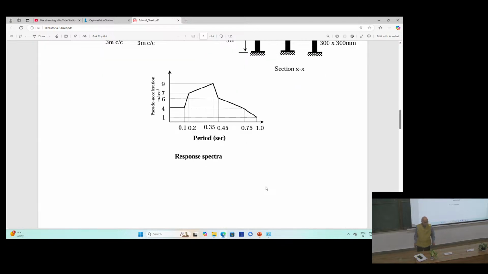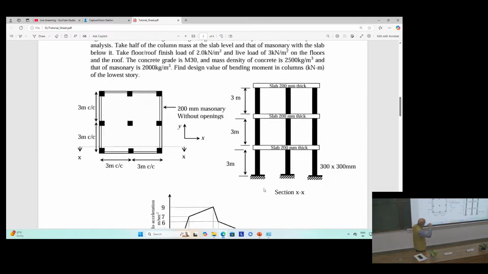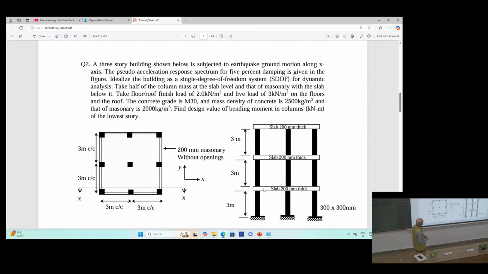The task before you is, let's go down: you have to model this as a single degree of freedom system. So idealize the building as a single degree of freedom system for dynamic analysis.